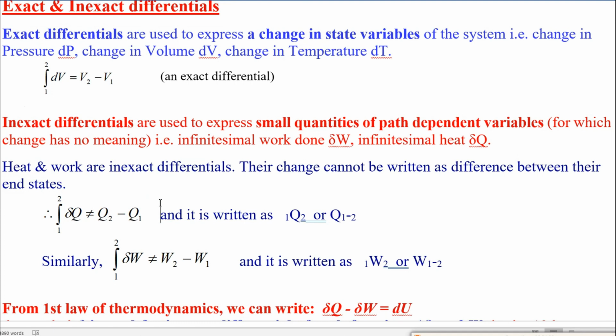When the system changes from 1 to 2, then we can get the existence of the transferring of heat. So for the integral of del Q from 1 to 2, we can write 1Q2 or Q1 to 2. Similarly, for work we cannot write W2 minus W1; we write 1W2 or W1 to 2.